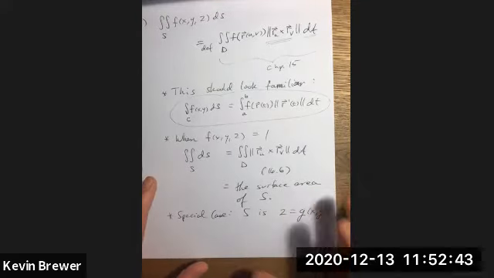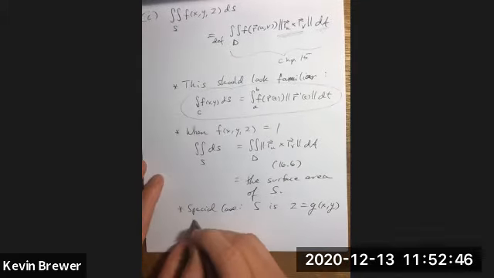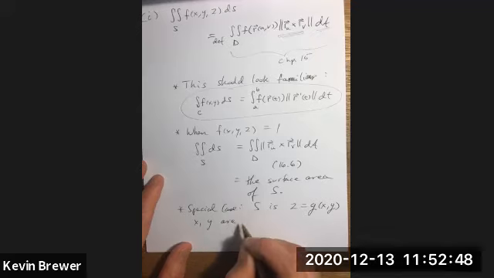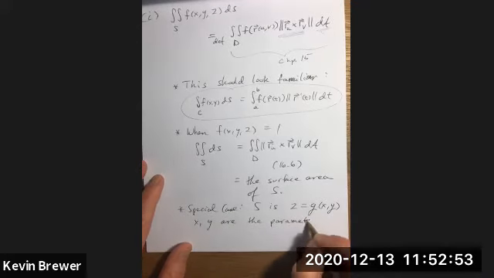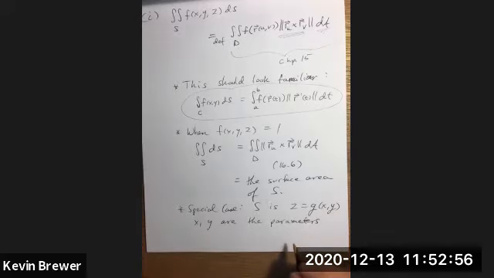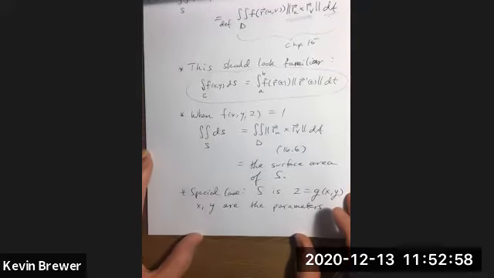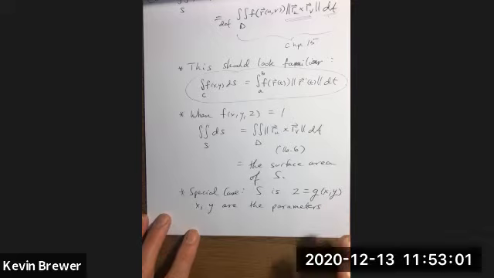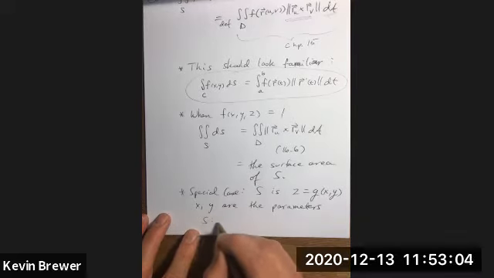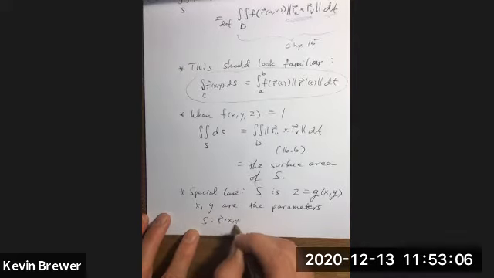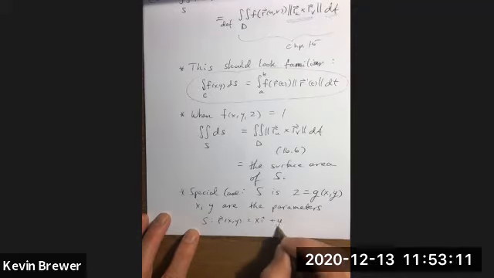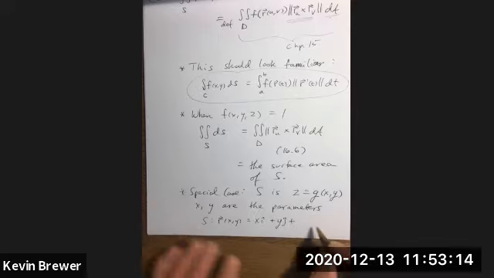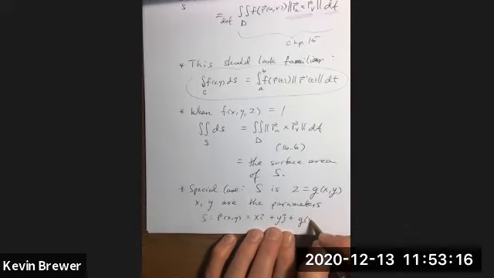Then x and y are the parameters, and we can take S to be given by r of x, y equals x i plus y j plus g of x, y k.